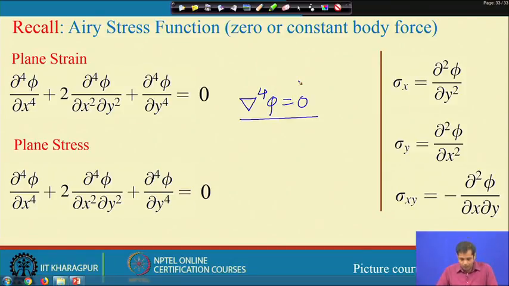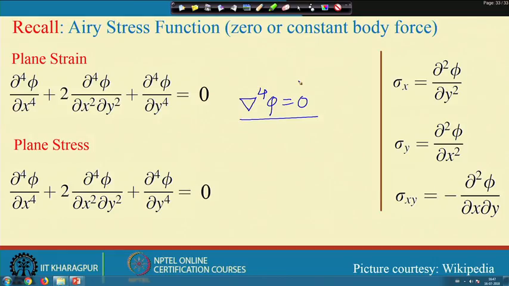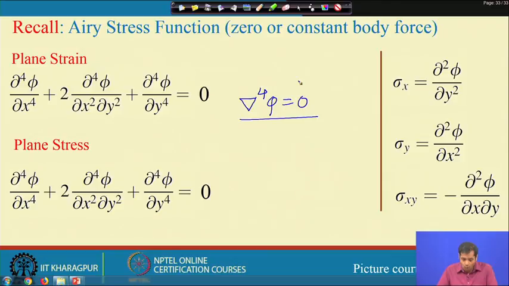The method we will be using is the power series method, where we do not know the expression for phi. The only thing we know is that phi has to satisfy this biharmonic equation, or if there is a body force, then the other equations. What we do is we assume some expression of phi written in terms of polynomials, and in that polynomial there are some constants.